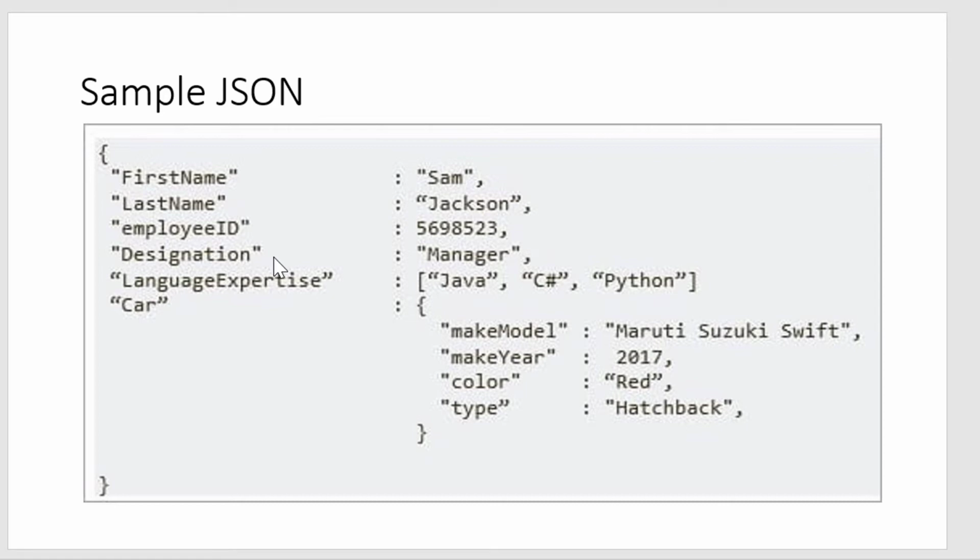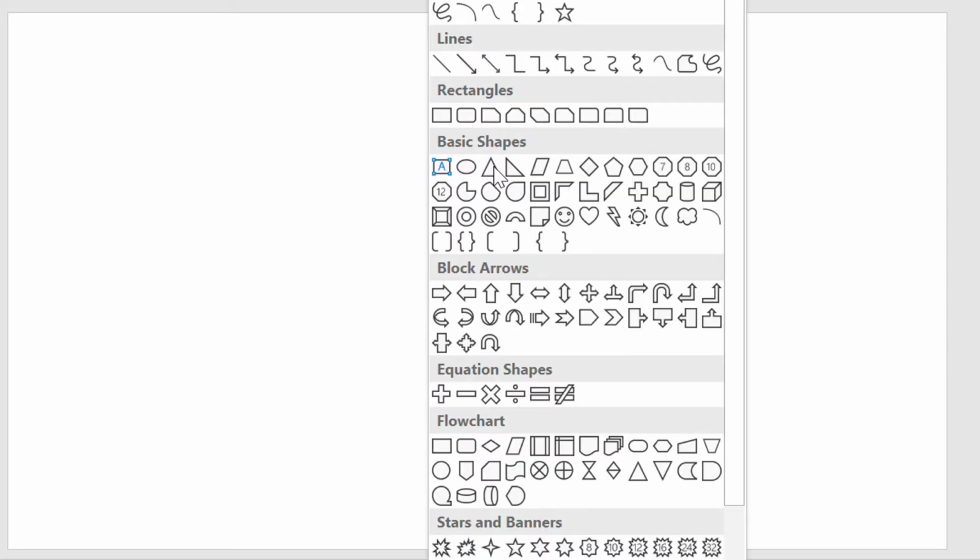Along with that, I have language expertise, which is an array of data. And within that, I have another complex object called car that maintains n number of records. Like this, I can maintain any type of hierarchy, and the hierarchy doesn't need to follow a standard. I can have any depth of hierarchy, and this way of representing data helps me store any relation of data.